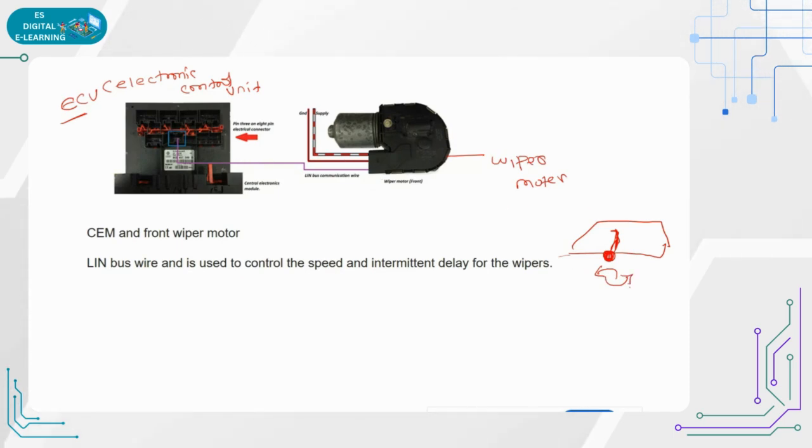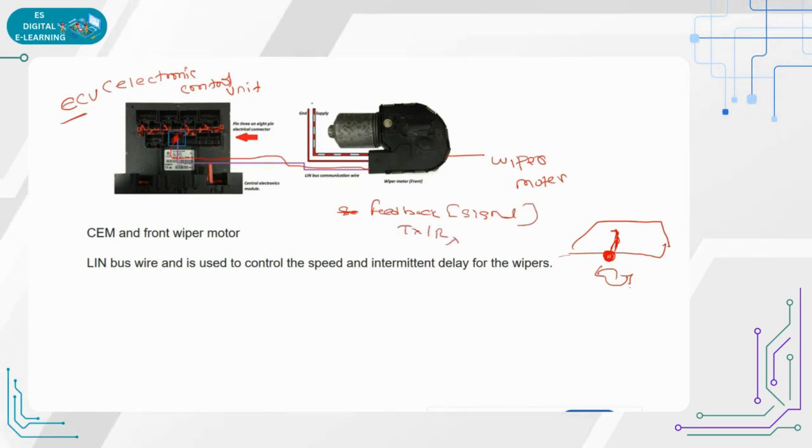But how is this controller connected to this motor? Here we have a LIN wire. The LIN wire is connected. This is the feedback, which we call feedback, meaning whatever signal exchange happens with respect to TX and RX. And we have the power supply, the other pin, and next will be the ground. So these are the three pins that we are giving to the motor.